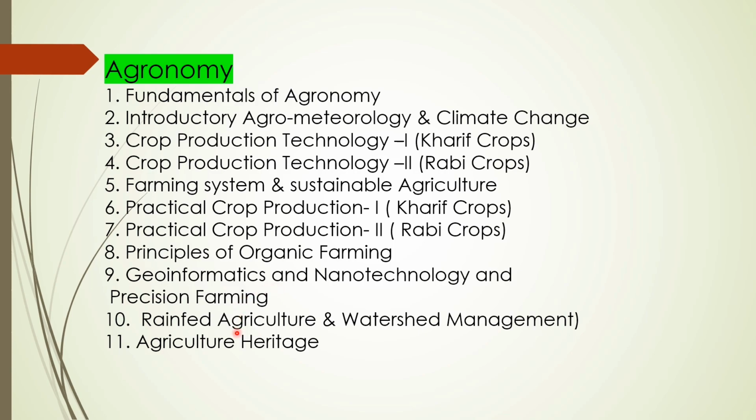And the next subject, rainfed agriculture and watershed management. Mainly in villages, how we have to store rainwater and perform cultivation practices, this subject will teach. And the next subject, agricultural heritage. In this subject mainly how the traditional methods and techniques were practiced, and how we now have to protect present-day agriculture.